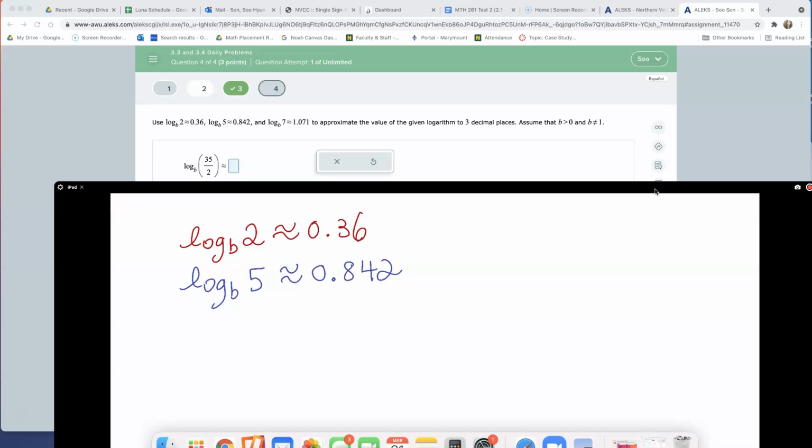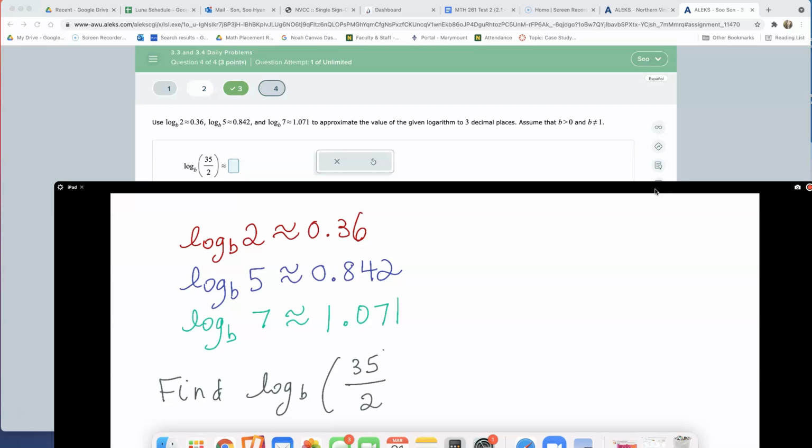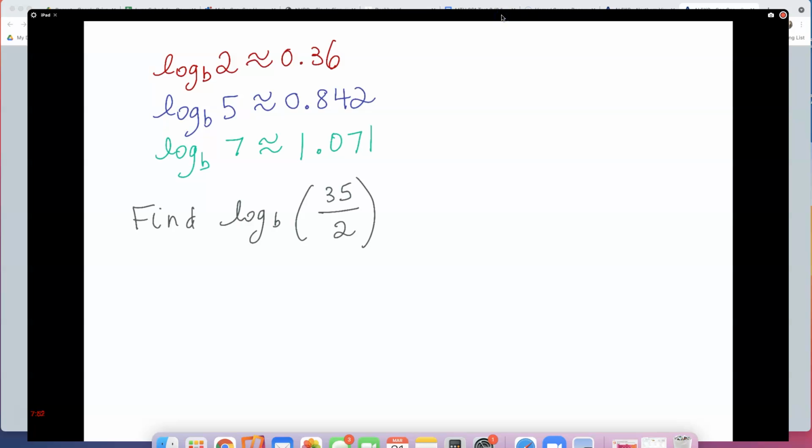And the last number they gave us, I want to use a different color, is log base b of 7, approximately 1.071. They want us to make log base b of 35 over 2. Okay, we can do that. Look, how can I make 35?